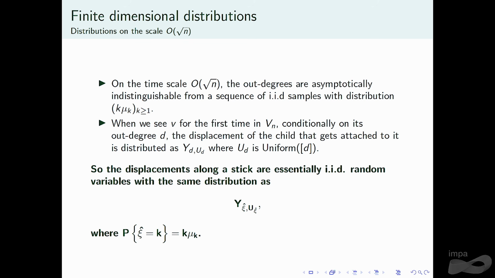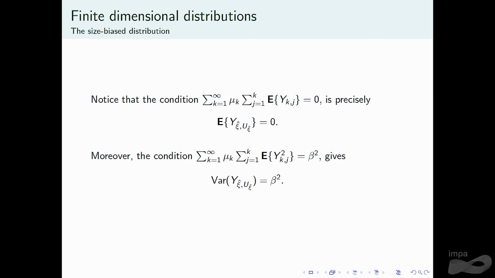So what can we say then? Well, if we think back to the conditions that we had, the first condition, global centering, is precisely that this random variable that we're seeing along our lineages is centered. So now we're seeing trajectories where we have IID jumps that are centered. And moreover, the second condition, the global finite variance condition, is in fact the same as this random variable having variance beta squared.